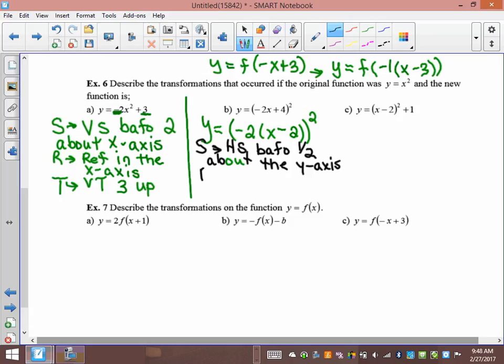And then we have a reflection in the y-axis. And then we have a horizontal translation to the right. Common error is going to be 4 left. That answer will be there, whether it's in mapping notation, whether it's replacement notation, whether it's in words. The 4 left will be there. You have to remember to take that -2 out. All right?